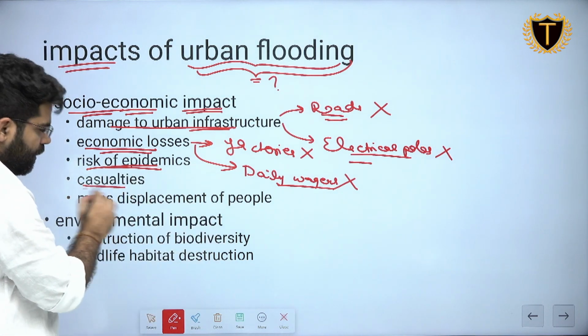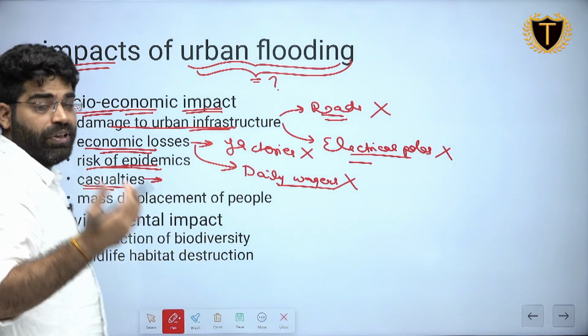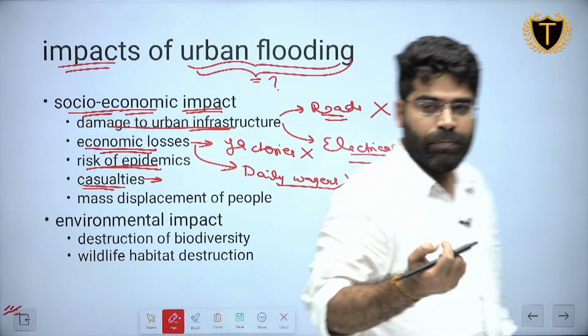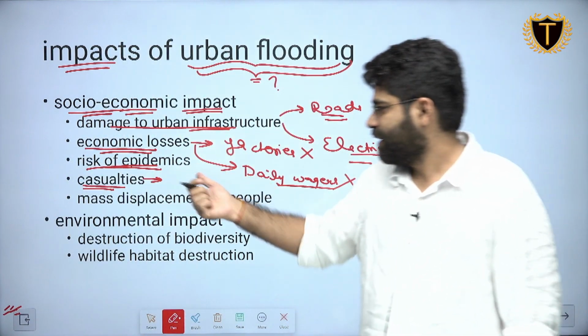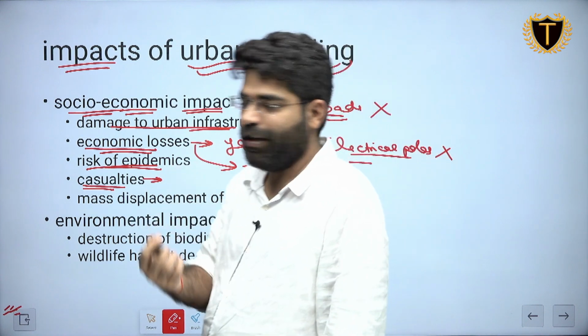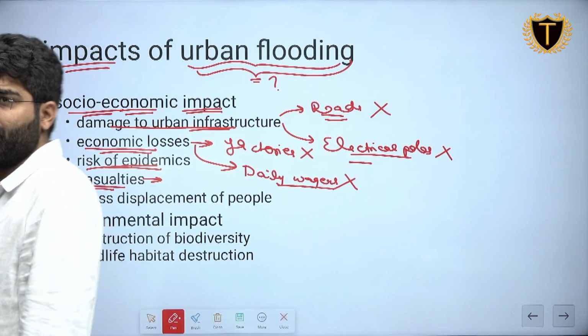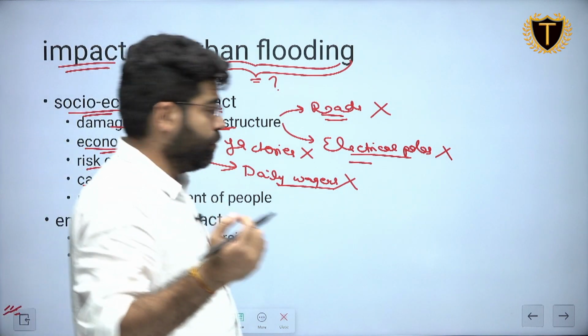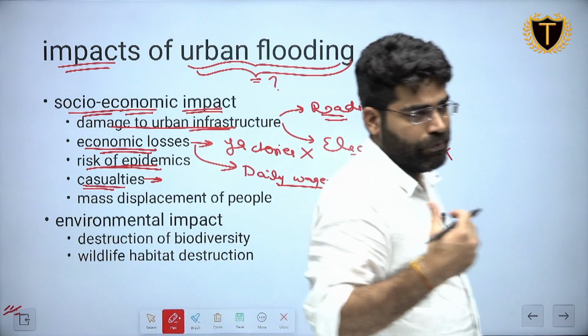Then another impact is casualties. We have seen too many deaths happening due to these disasters, too many people getting injured, and many people dislocated from that area due to these floods. Clear?